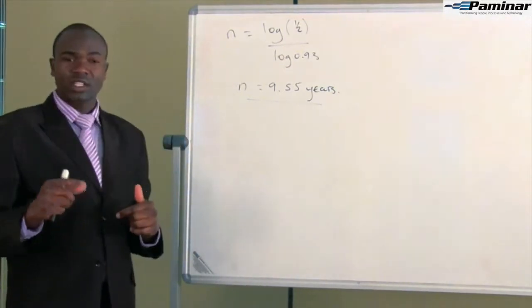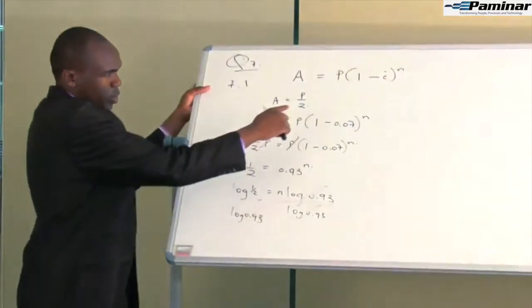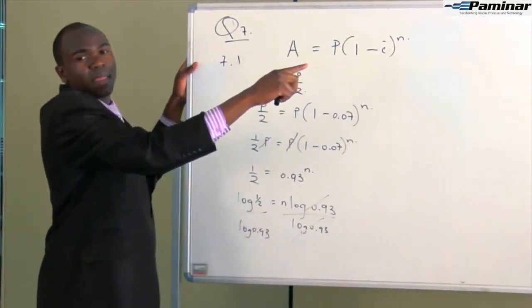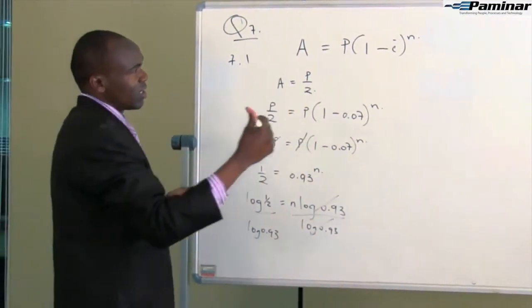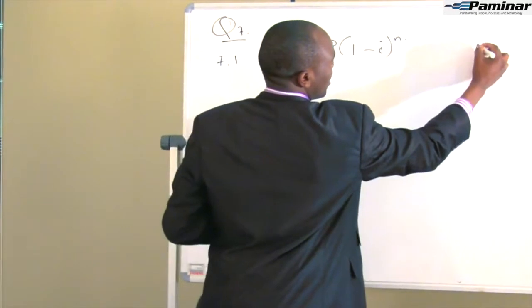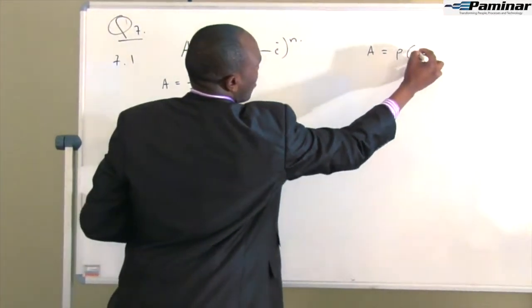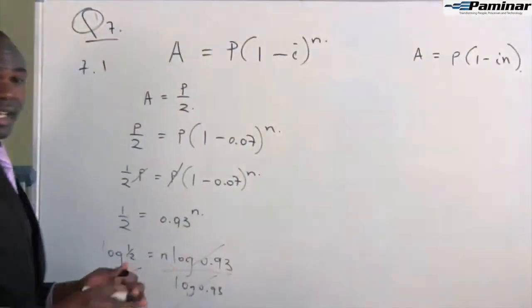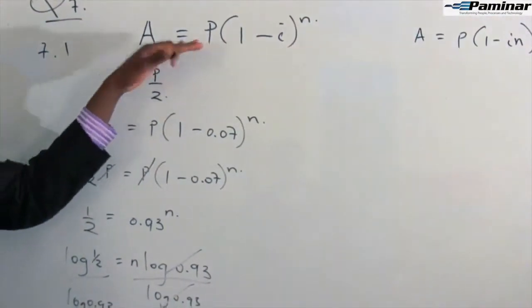So whenever you're told reducing balance, we use this formula, because it's for discount, so to speak. But if it's the straight line method, you use A is called P(1 minus in). Reducing balance, you use this one.